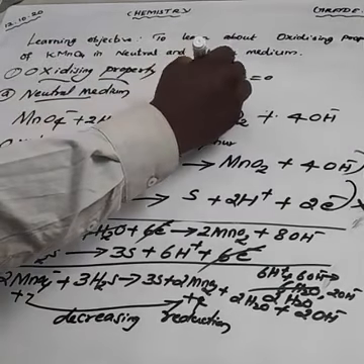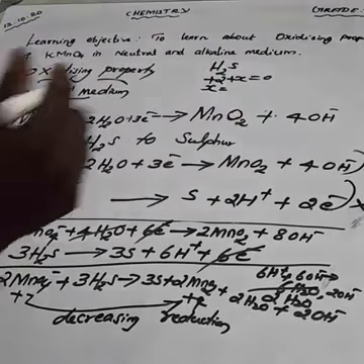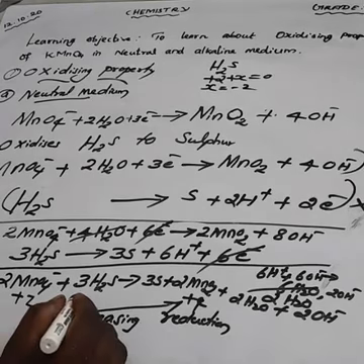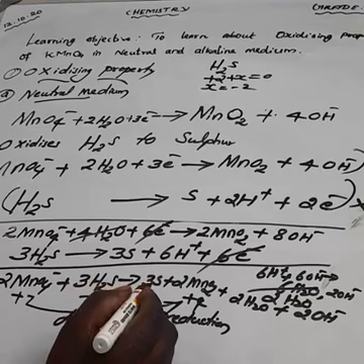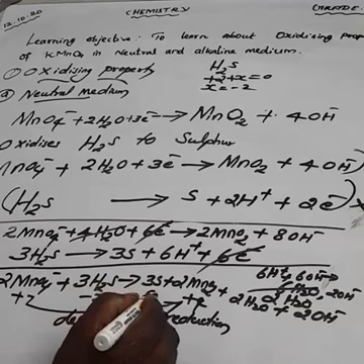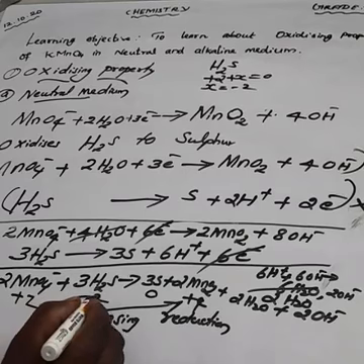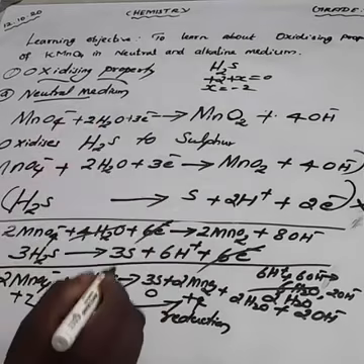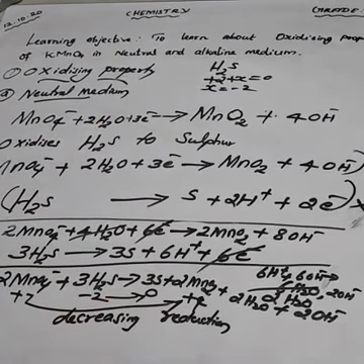So X equals minus 2. So the charge of sulfur in hydrogen sulfide is minus 2, and sulfur exists freely, so we give the charge 0. So now it is increasing: minus 2, minus 1, 0. It is increasing.